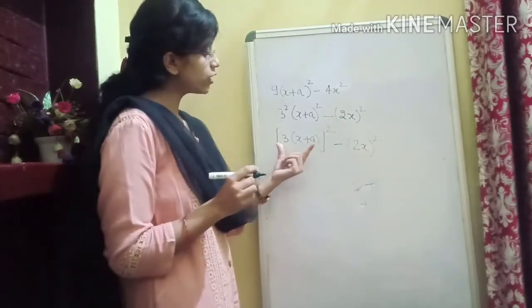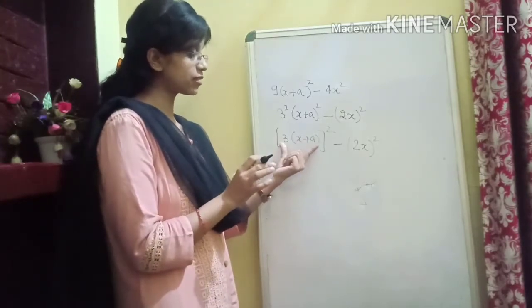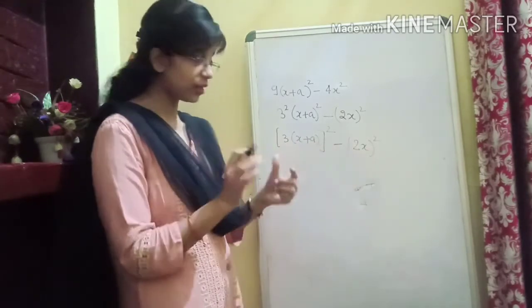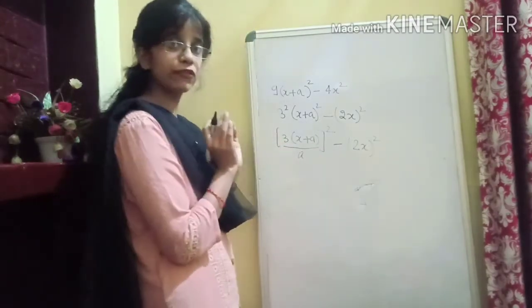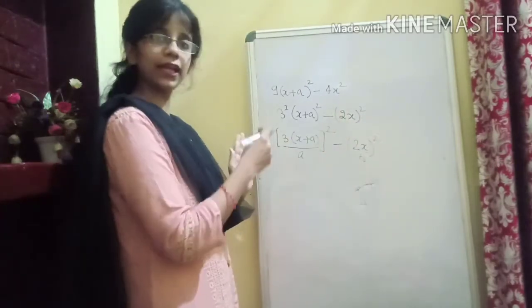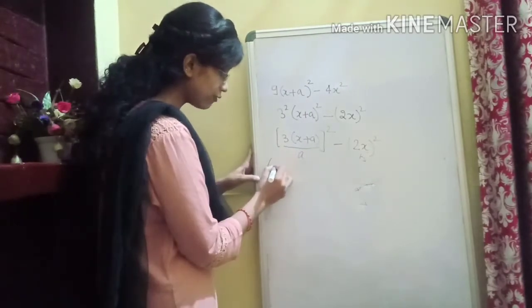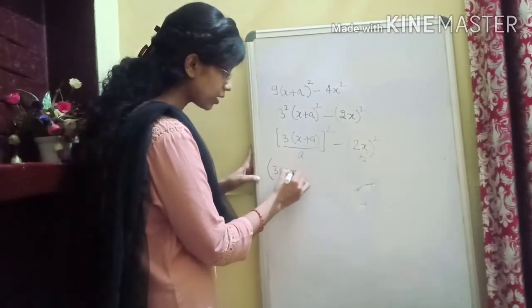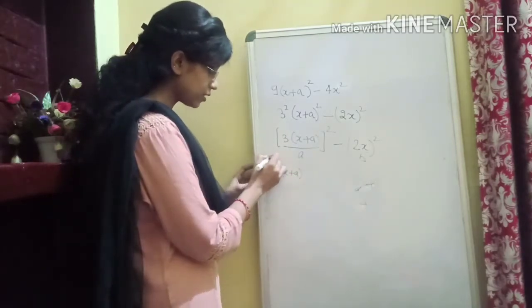Now it has reduced according to the identity a square minus b square. Here what is your a? This whole thing, 3 times x plus a, is in the place of a if you compare, and what is your b? That is 2x. So it is simply a plus b and a minus b. In one bracket you will write a, which is 3 times x plus a. Better if we write it in a square bracket.